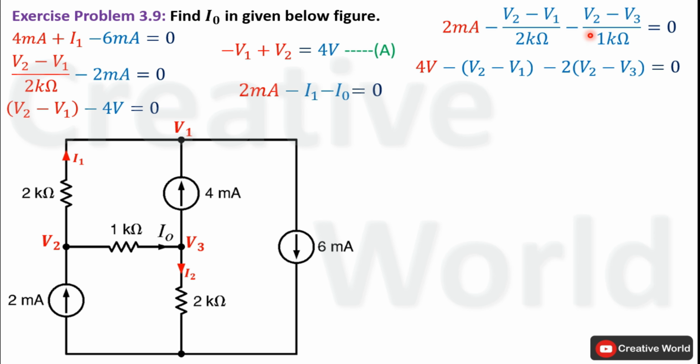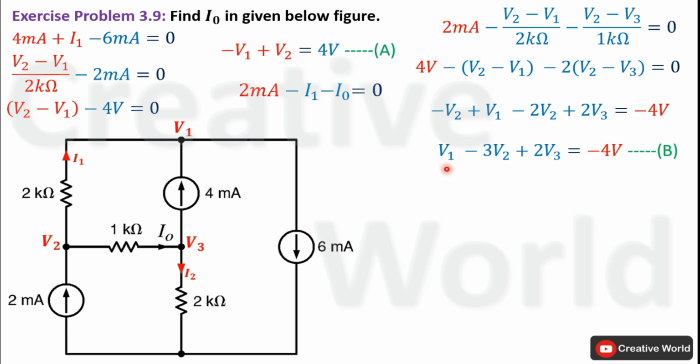Only 2 will be left, and that 2 will multiply with V2 minus V3. Now open these brackets and place this constant value on the other side of the equal sign. The equation will become minus V2 plus V1 minus 2V2 plus 2V3 equal to minus 4 volt. Rearrange this equation and add values having the same variables together.